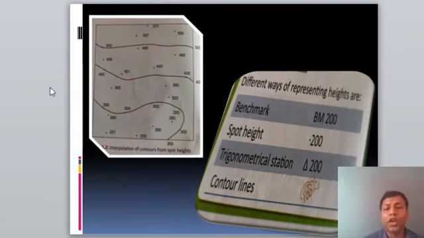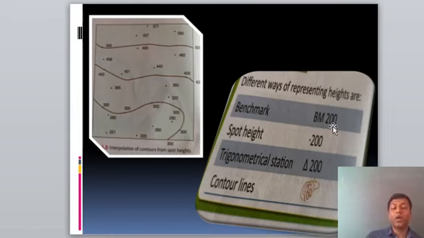Now in your topographical sheet there are some things to describe, like BM 200, dot 200, triangle 200, and brown colored zigzag lines with a number. They show height.